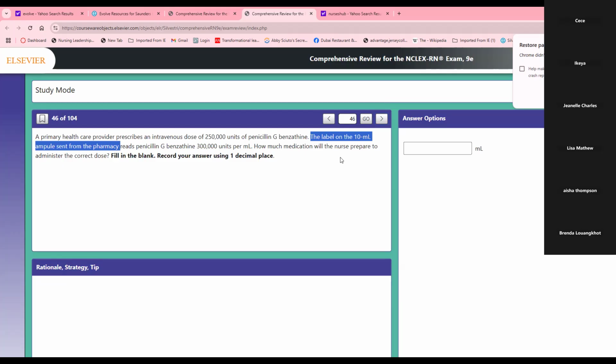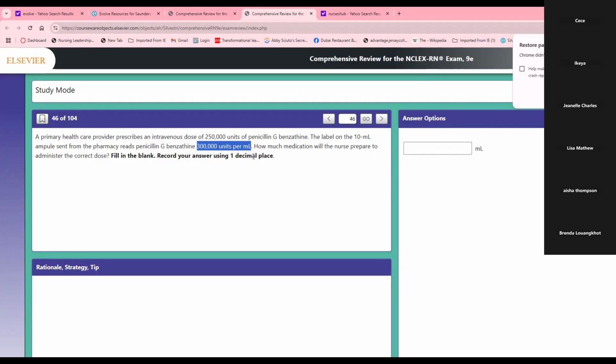This means that the pharmacist isn't running downstairs every time you need a dose. So he just sent you a big bottle of it. What matters is this, because it tells you what the strength is. You have 300,000 units for every ml you give. So that's what you have to use there.